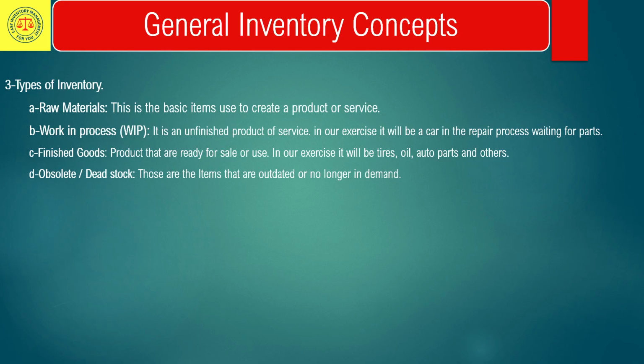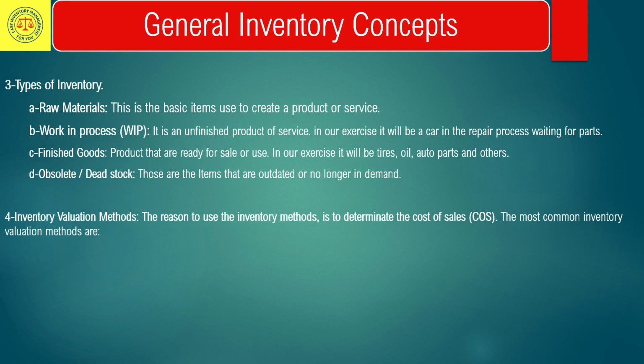Those became obsolete, especially with cell phones and many others. So that's why it's very important to have the right person managing the inventory with good knowledge and good principles of inventory. That person needs to know how to set up the maximum and minimum stock for those items in order to avoid getting obsolete stock.